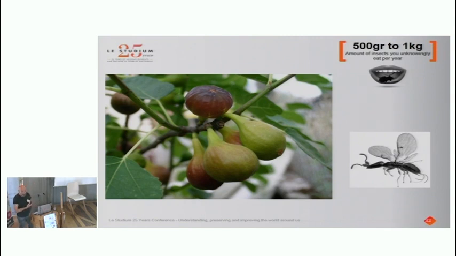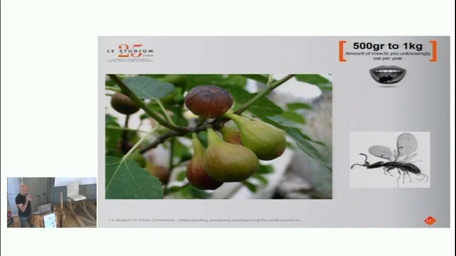If you eat figs, for example, you eat insects, because figs are like thousands of small flowers, and to produce a fig, you need the flowers to be pollinated, and this is done by a wasp with a very flat head that can enter the fig. The female will pollinate the flowers, but she will also lay eggs in some of the flowers.